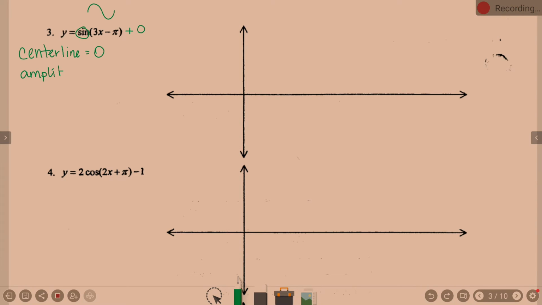It's just in a normal spot. Amplitude. 1. Amplitude is the coefficient in front of the sine or cosine function. There's no number in front of sine, so it's just a 1. And there's no negative, so it's not reflected.